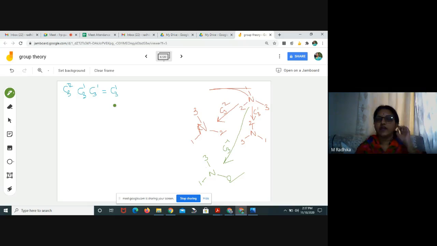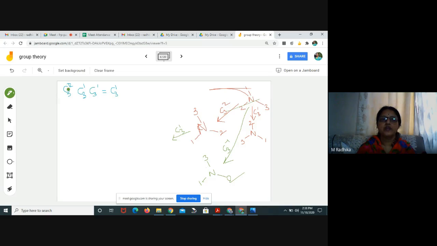Now we will check C32 followed by C31 followed by C31. I should get C31, right? So this is the original structure. I'll just continue here. C32, we got this one. So what should I do next? I should do C31. For the original molecule, we have done C32 first.